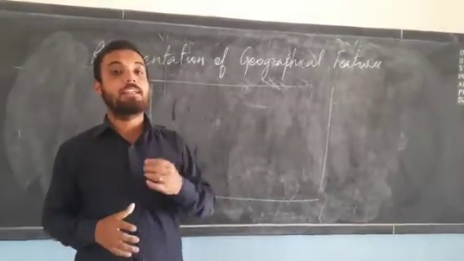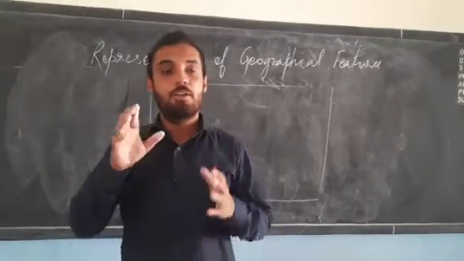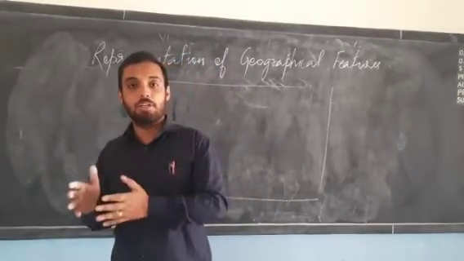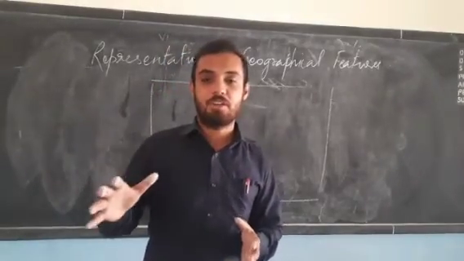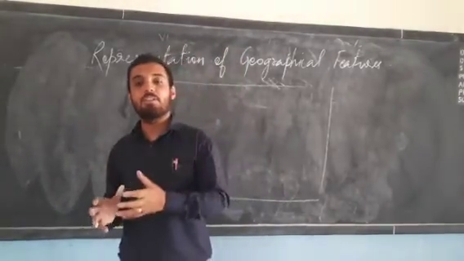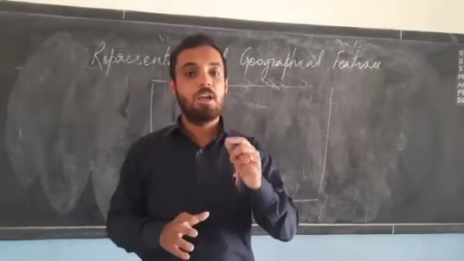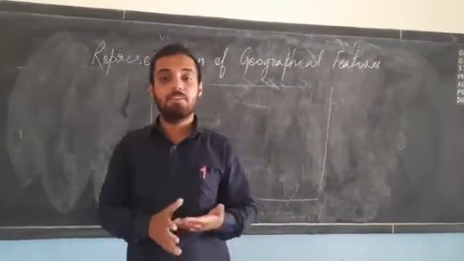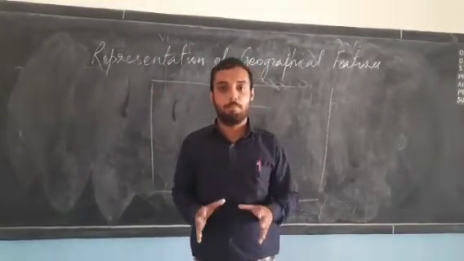When I talk about detailed information, suppose you have an atlas: world physical, world political, and every country, state, district can be seen in an atlas, with different maps. In those maps we can easily see the roads and the railway tracks; everything will be mentioned in a map.